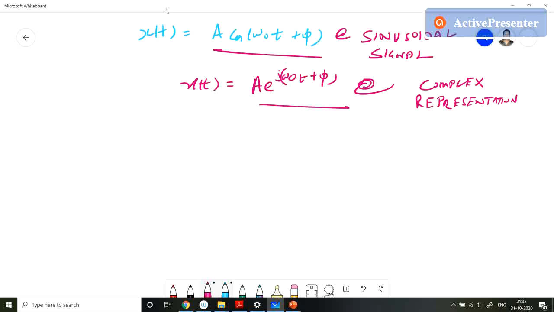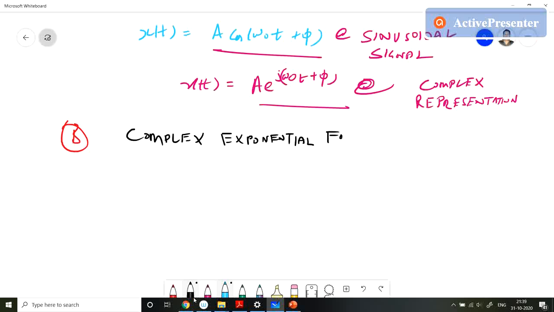So the next thing is the complex exponential Fourier series representation.